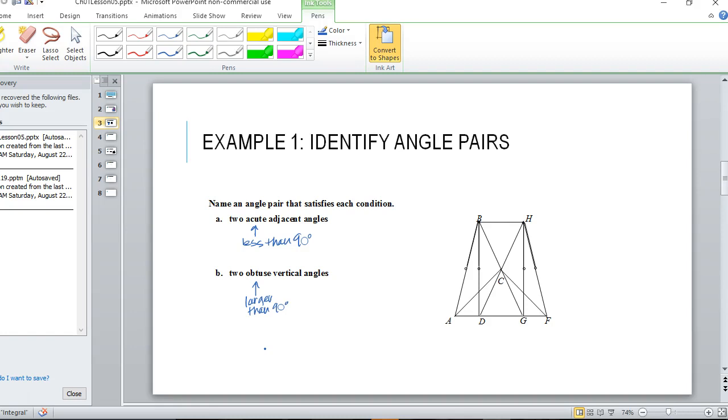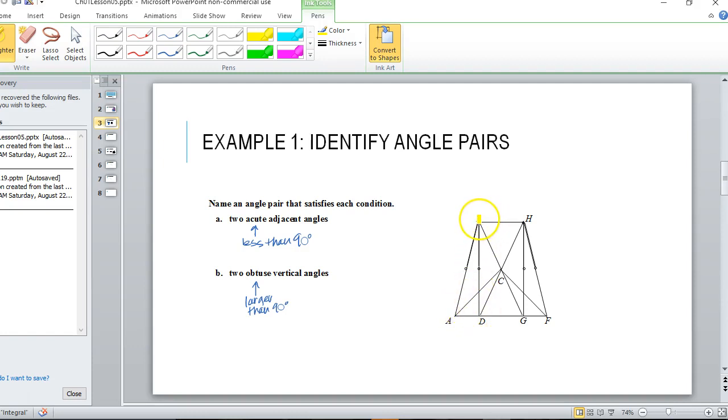All right. So two acute adjacent angles, two obtuse vertical angles. You need to pause the video. Go ahead and do that. All right, now that we are back, let's look at these two angles.